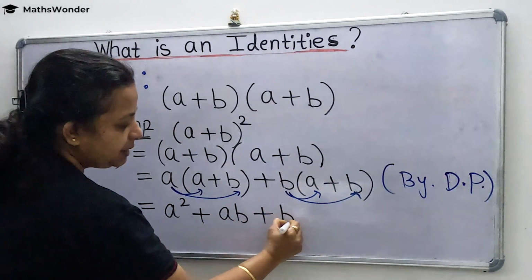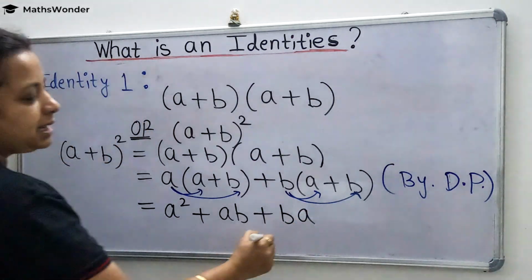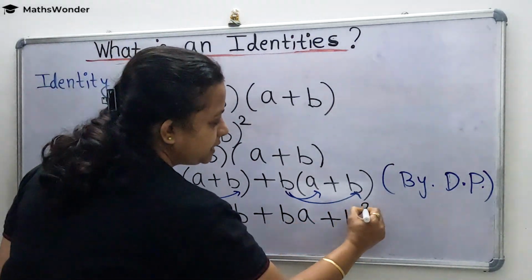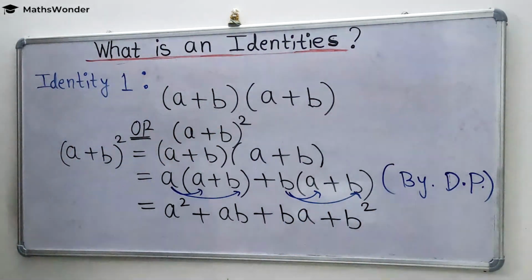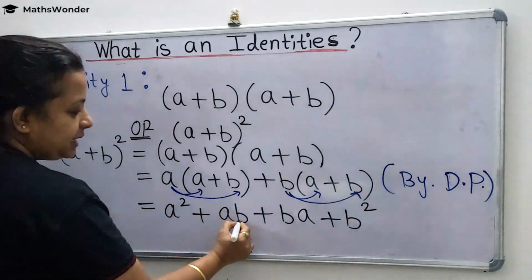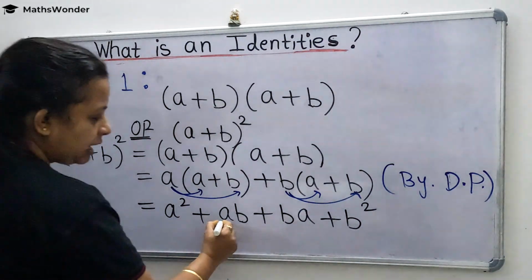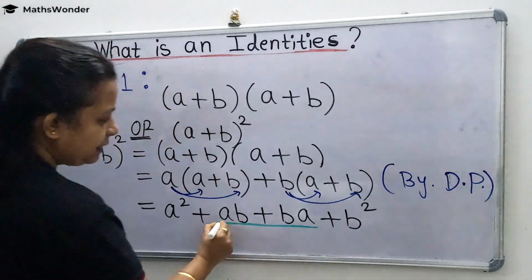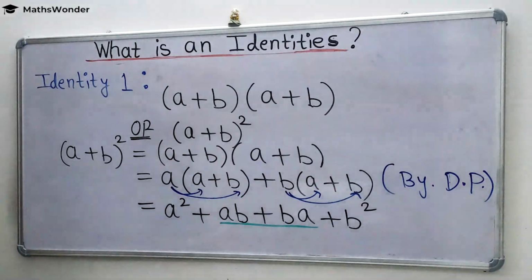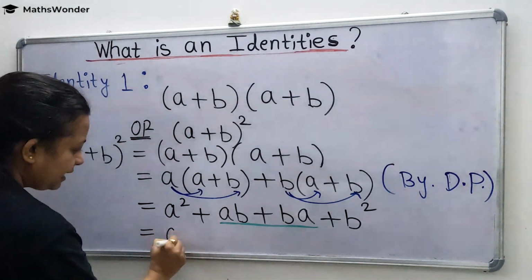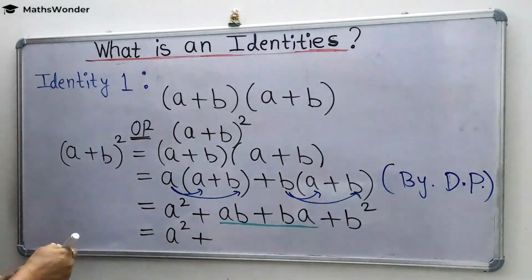B times a will be ba plus b times b will be b squared, right? Now ab and ba, are they same or different? Same, correct. Yeah, right, because it's a multiplication.